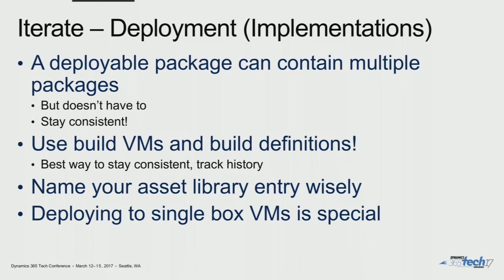Keep that in mind. Deploying to a single box VM, we have automatic deployments, right? So you can put something in the asset library and say, I want to deploy this to Sandbox. There's no more of these manual steps that we used to have. For the dev box, at this point, we only support deploying platform updates. We do not support deploying a software package, like an X++ code package, to a dev box.